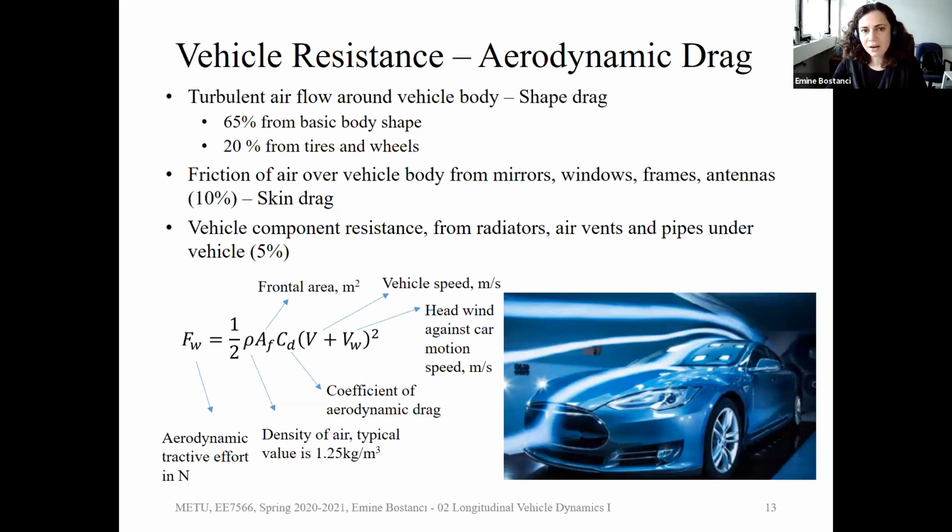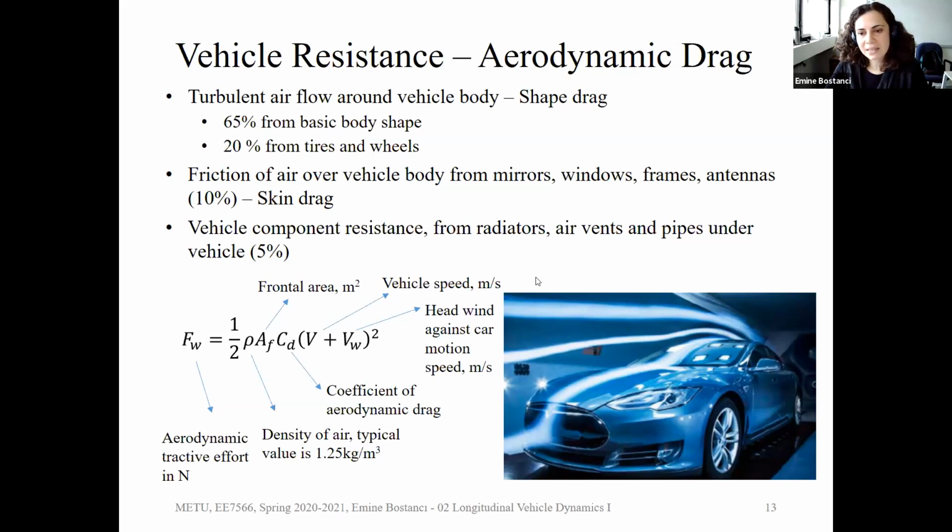And when it is a car, most of the time you need to be very careful of how you design the body of the car, because in total 85% of the aerodynamic resistance is due to the body shape. So it will include the basic body shape plus the tires and the wheels, how the air is going to go from these sides.